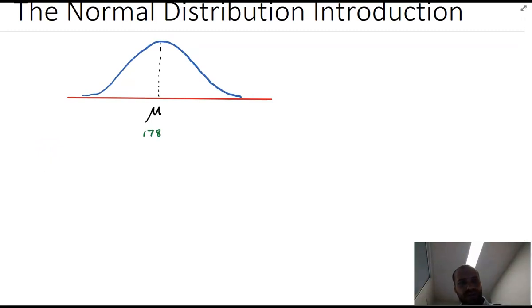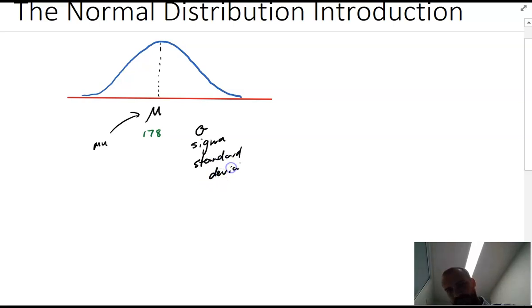And the standard deviation is given with this, sigma. So we have mu there, which is our mean or median, and sigma, which is standard deviation. In the example I just gave, the standard deviation was 10 centimeters.